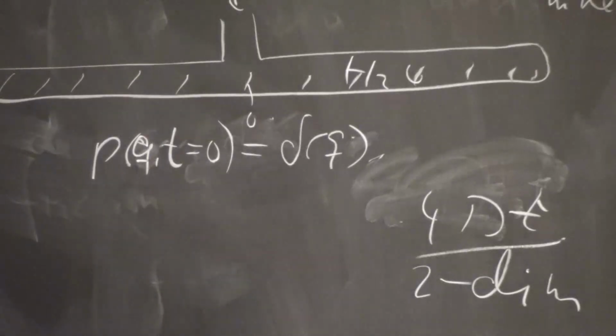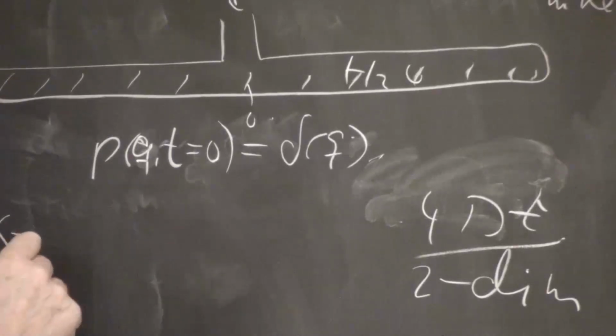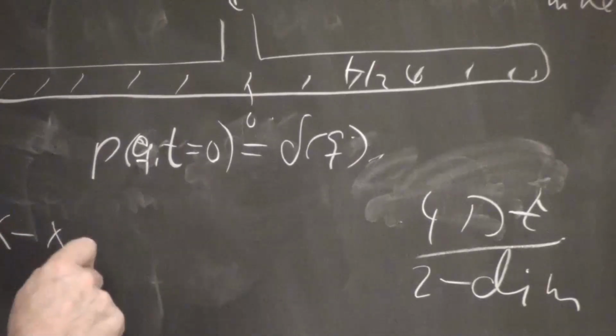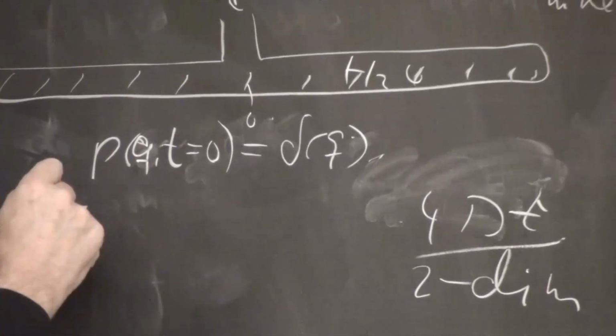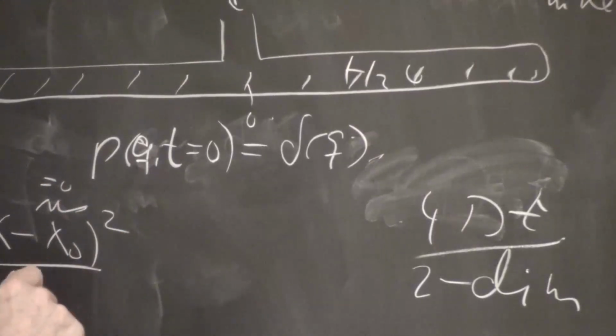So that solution is p of q and t equals 1 over the square root of 4 pi Dt times e to the minus (x minus x0) squared, which happens to be 0 in this case since we start at 0, divided by 4Dt.